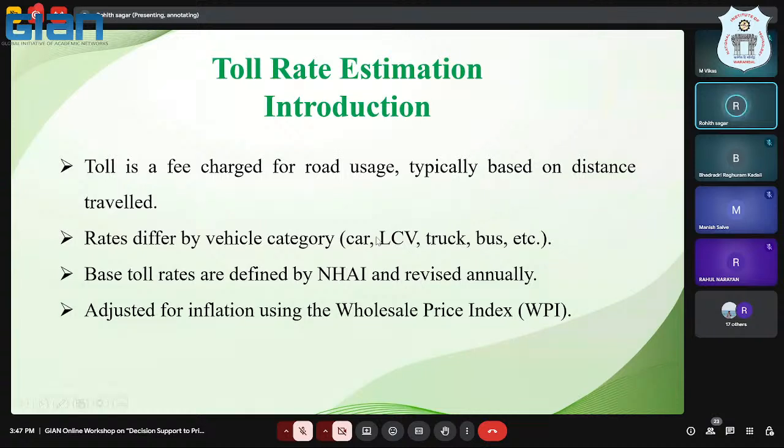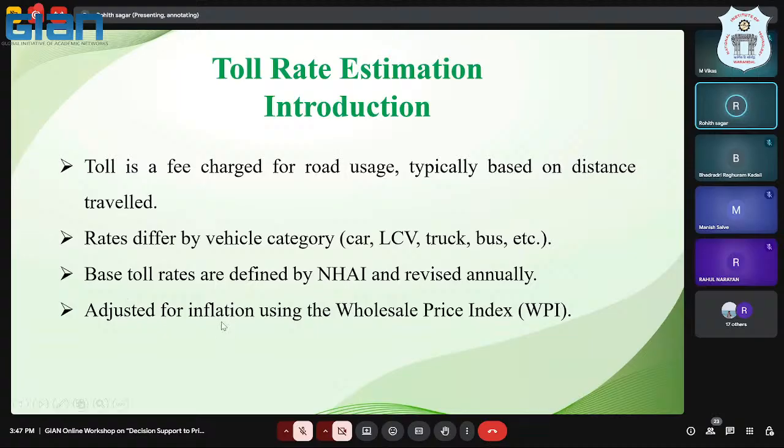These rates differ by vehicle category. Cars will have different toll charges, LCVs will have different toll charges, and trucks will have different toll charges. NHAI 2007 and 2008 gave the base toll rate per kilometer, which we will be using to calculate the toll rates based on the distance that the vehicles are going to travel.